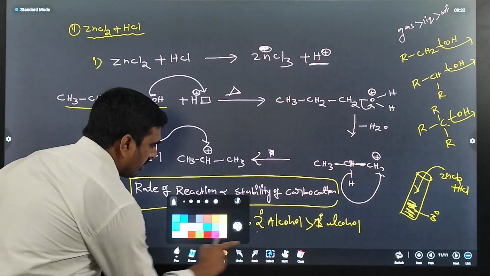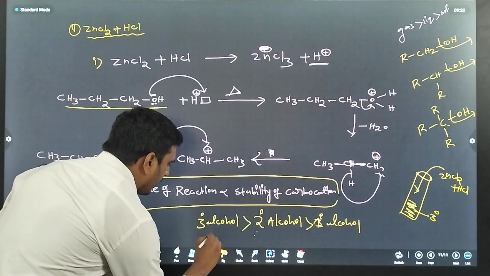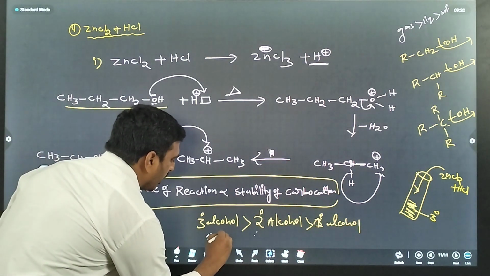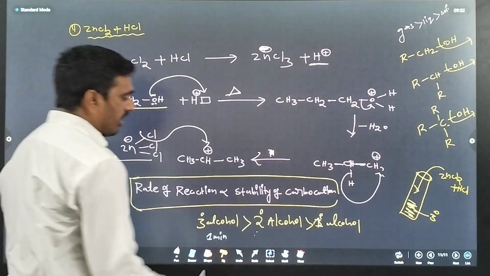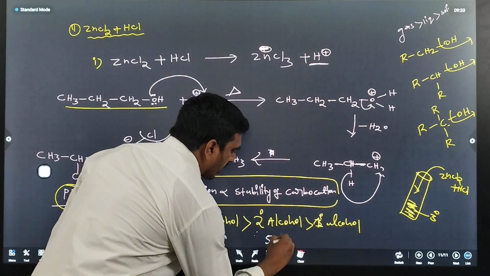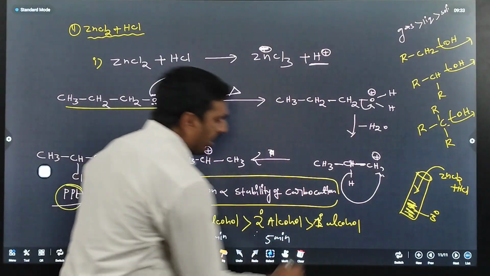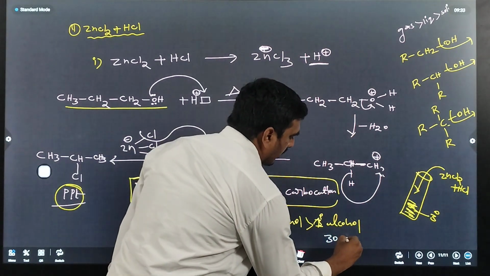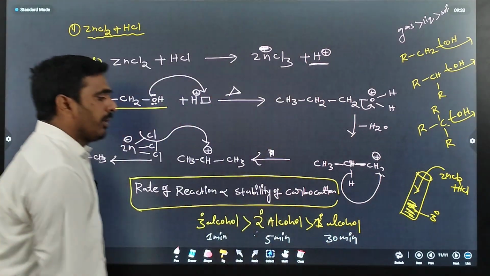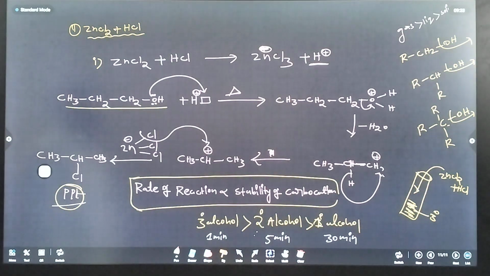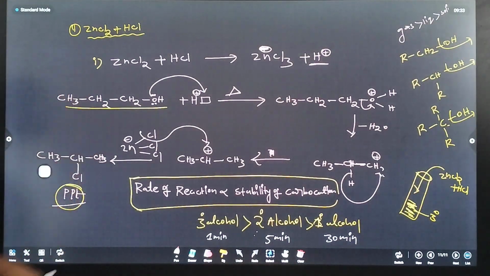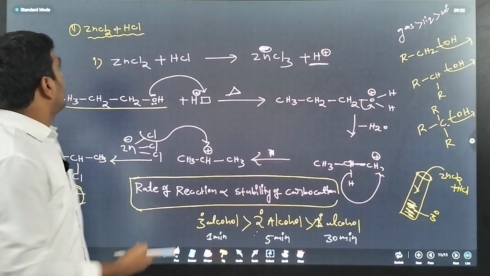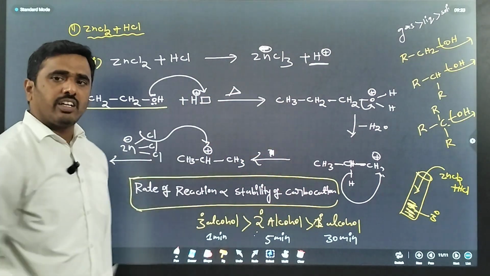That is a tertiary alcohol. In 5 minutes, that is a secondary alcohol. In 30 minutes, that is, half an hour, a primary alcohol. So by using Lucas reagent, we can distinguish the primary, secondary, and tertiary alcohols.